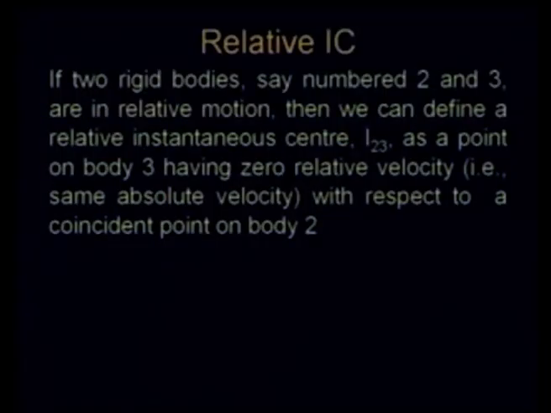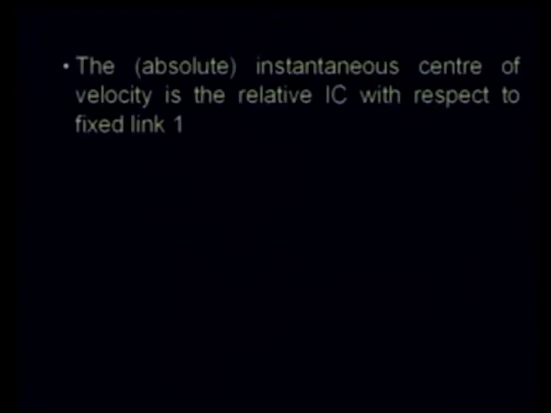So, from this definition it is very clear that I23 is same as I32. In light of this relative instantaneous center, we can redefine the absolute instantaneous center of velocity, which we discussed earlier, as the relative IC with respect to fixed link 1.